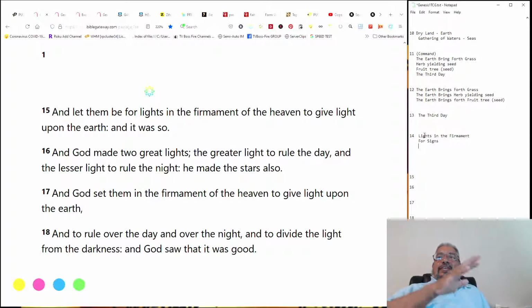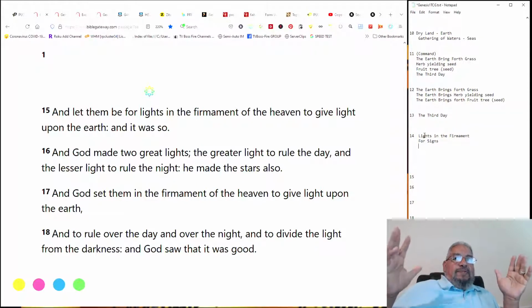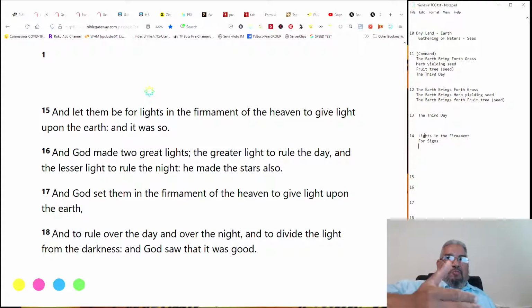So the first priority, the first focus, the weight of importance that is prescribed or ascribed to the lights in the firmament is as signs. Signs are for interpretation. Signs are communication intended to communicate, right?